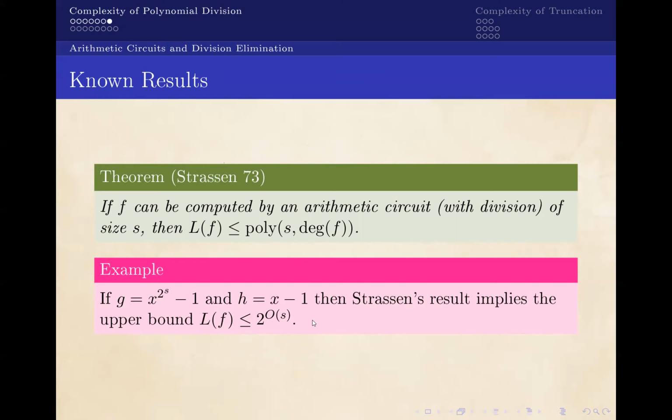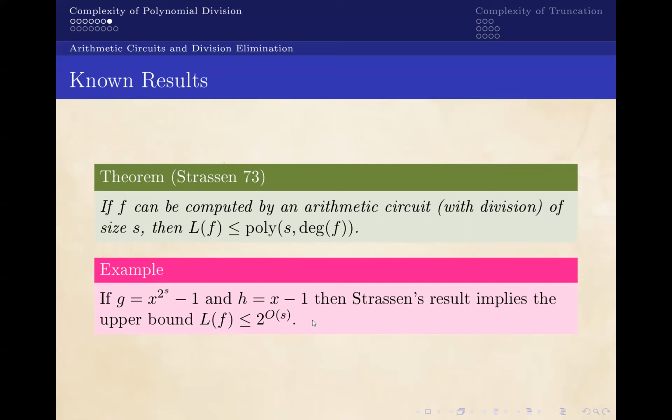So the Strassen result is useful when the polynomial which you get after dividing has low degree. For example, in the case of determinant, we had low degree, right? The degree of the determinant is n. So if you compute determinant using some kind of Gaussian elimination, then you might use division.